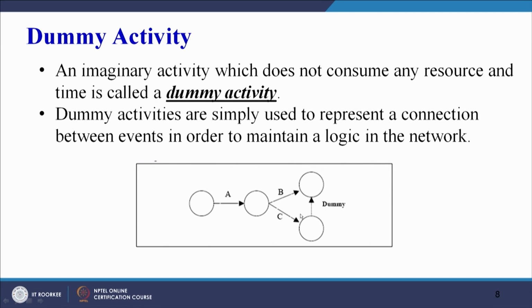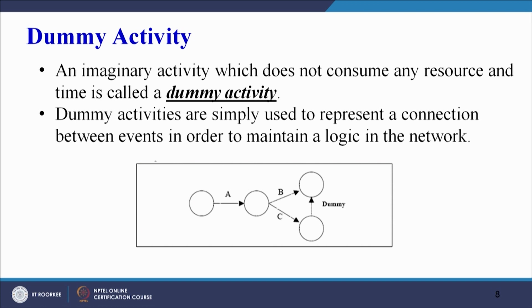In this network, let us try to understand from a different point of view how the dummy activity is important. Suppose there are 2 more activities. Currently we have 3 actual activities A, B and C, and there is a dummy activity D1.